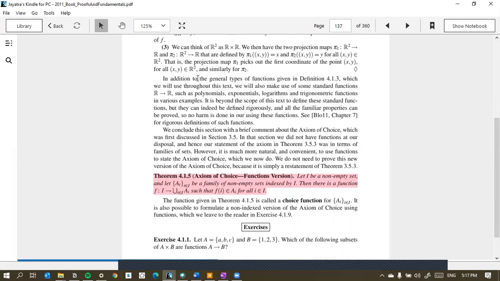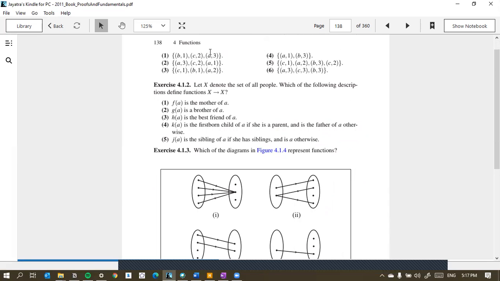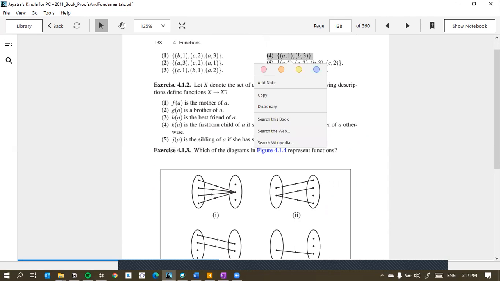So first of all, for each element in A, we're only going to one element in B, so this is a function. For this one, this does not cover all the elements because c is not going anywhere, so this is not a function.